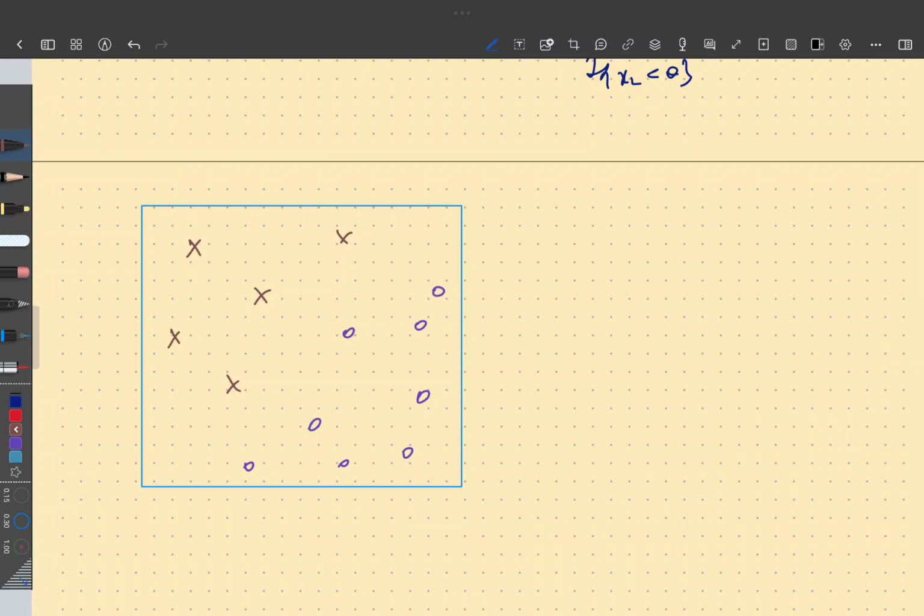Now let's say that I run ERM to get one particular classifier. Suppose the classifier looks something like this. I resampled points according to the uniform distribution, and then I trained a base classifier. Let's say I get something that looks like this.